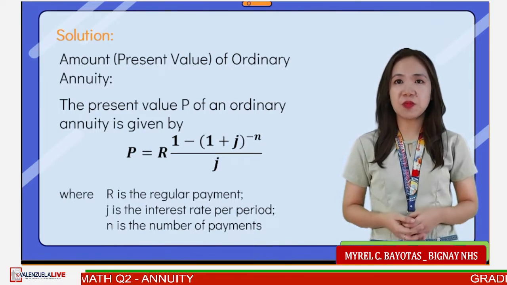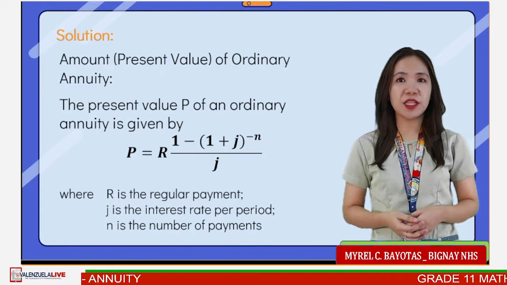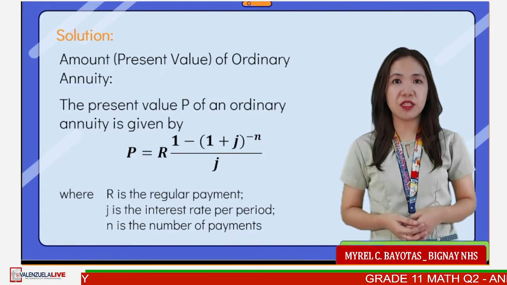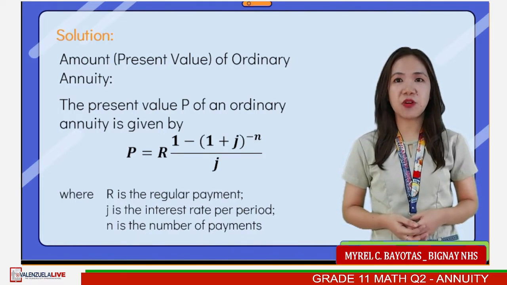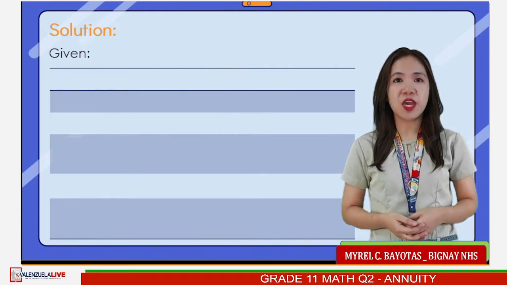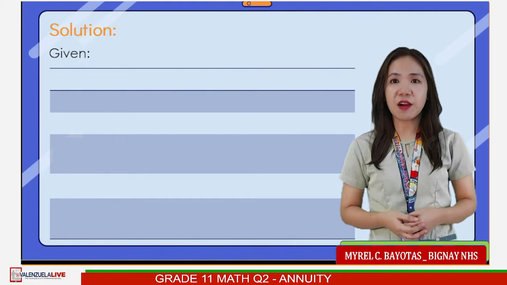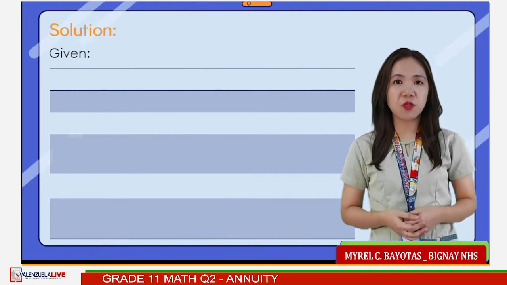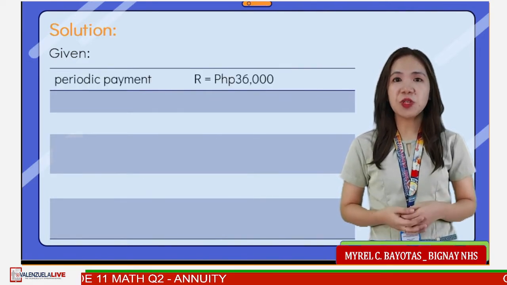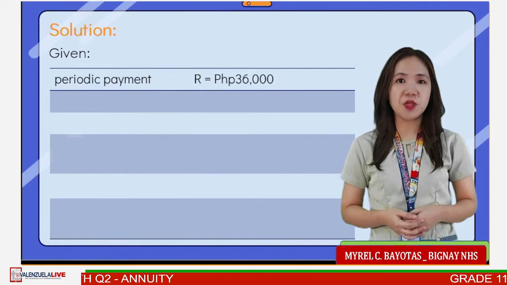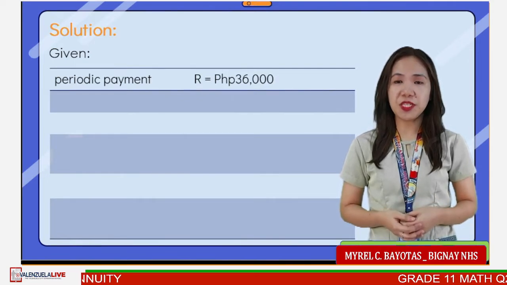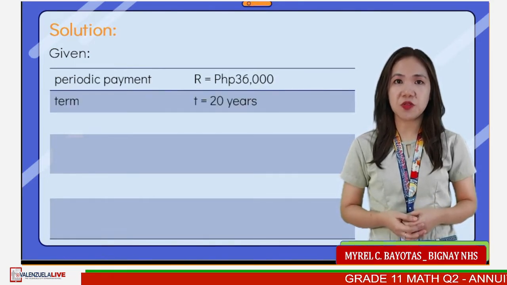Read and analyze the problem carefully so that you can identify the given accurately. Rose would like to withdraw 36,000 pesos every 3 months, meaning her periodic payment R is equal to 36,000 pesos. Since she will be doing this for 20 years, this will also be the term, or T is equal to 20 years.